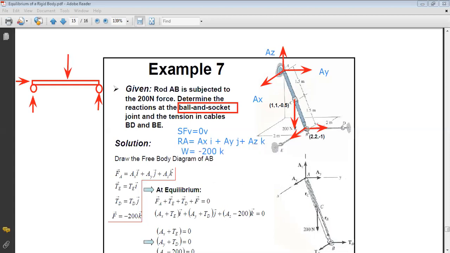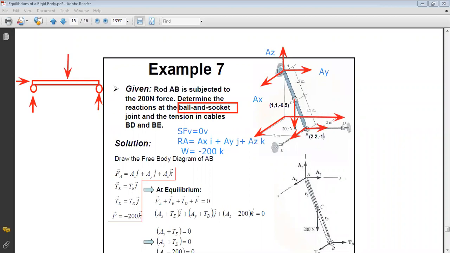And I still have the tension forces. As you can see in the figure, the tensions here are simple. Their unit vectors are simple. Why? Because look, TBE is parallel to the x-axis, and TBD is parallel to the y-axis. So here I don't have a problem with unit vectors.